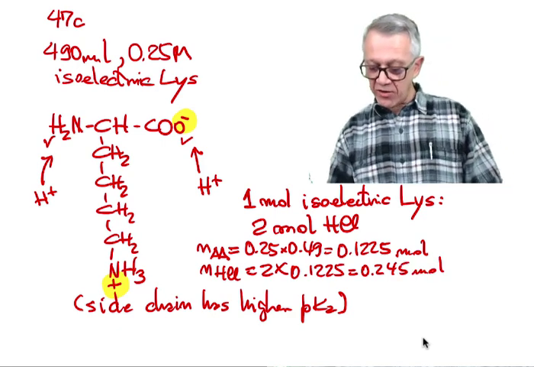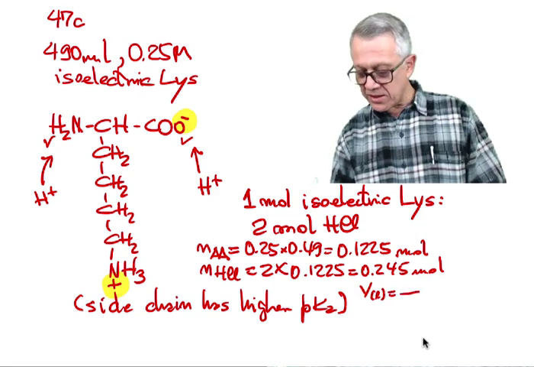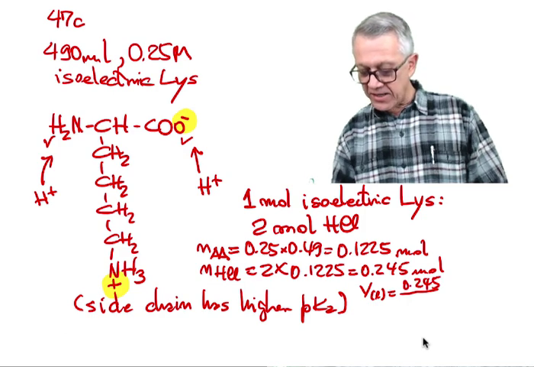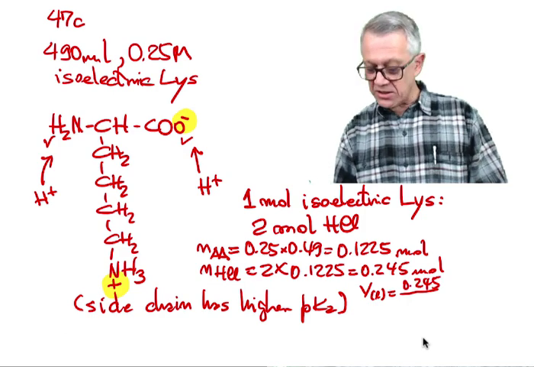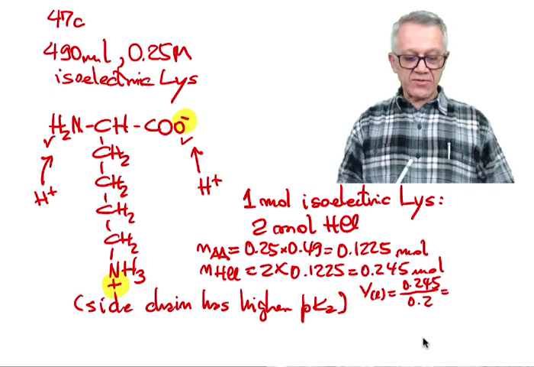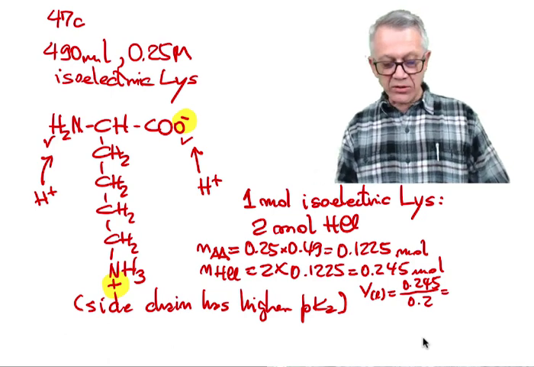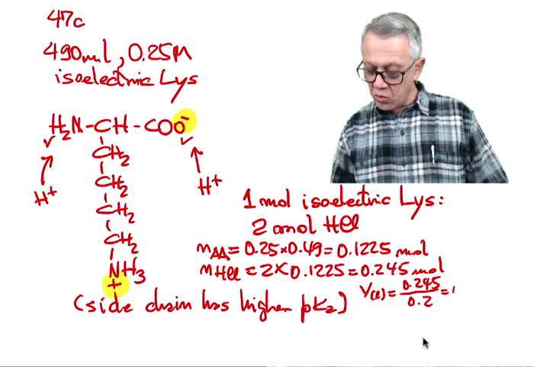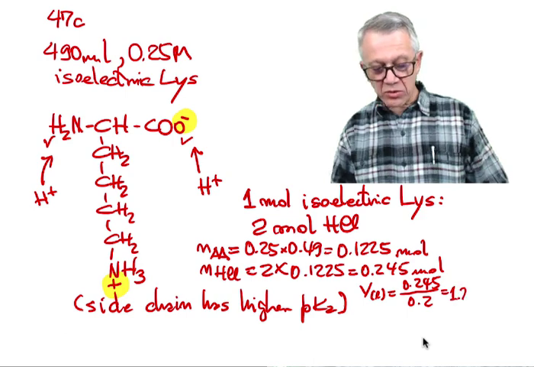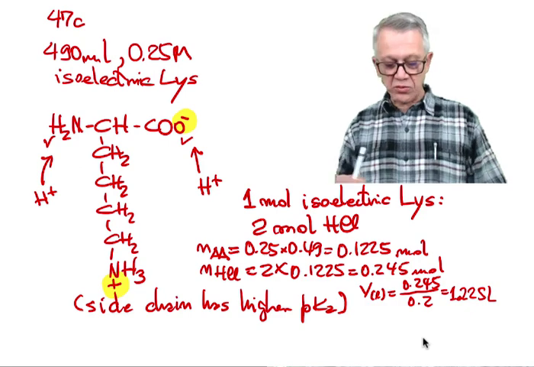And how do you calculate the volume of HCl? Again, volume of HCl in liters is going to be the number of moles, which in this case is 0.245, divided by the molarity, which was 0.2, right? So we have 1.225 liters.